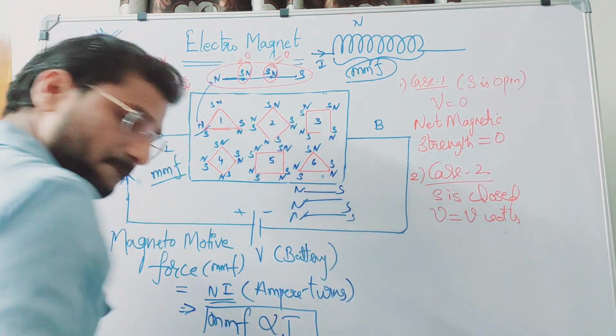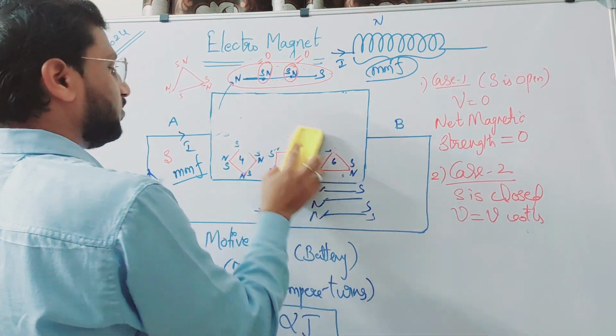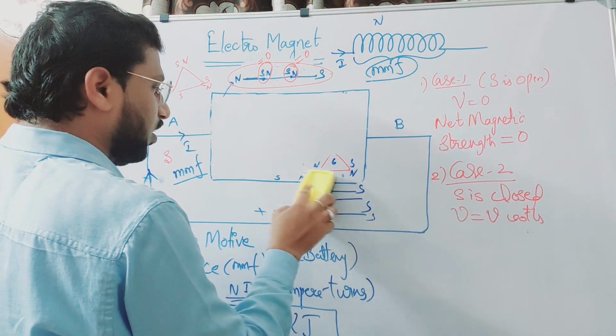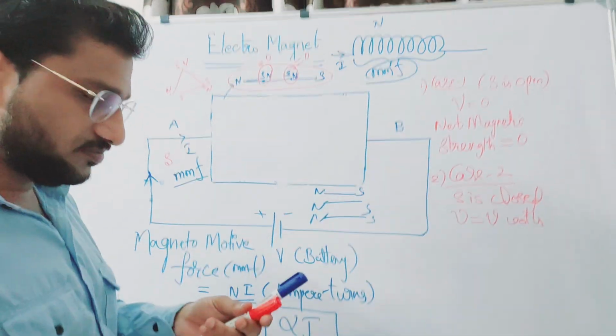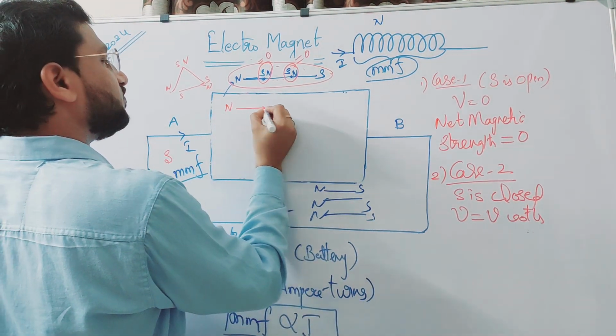Then finally, think that all the magnetic molecules have broken bonds. What will happen here? All the north sides will come to one point.